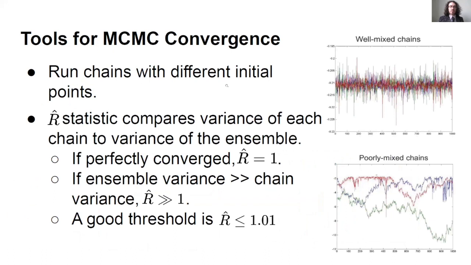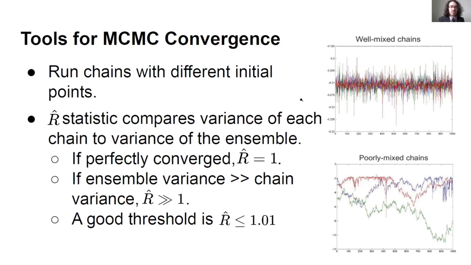But we can actually be a little fancier. One thing we can do is run identical chains with different initial points. And there's a statistic, the R hat statistic. The basic idea is that if my chains are converged, I run multiple chains and they'll all have the same statistics. In contrast, if I have chains that aren't converging well, then the statistics within the chains will not match the ensemble.